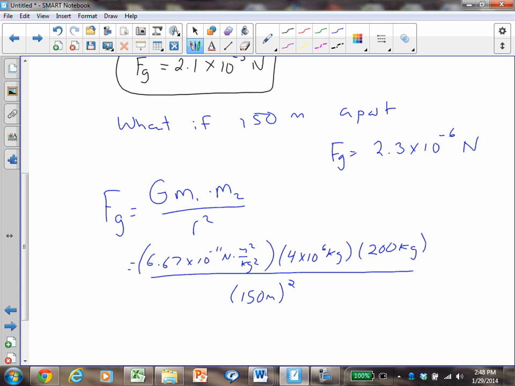I know, but here's the boulder, here's the bear. Swing the bear around the boulder. You see? That's why we call it radius, because it's anywhere that distance out in any direction.